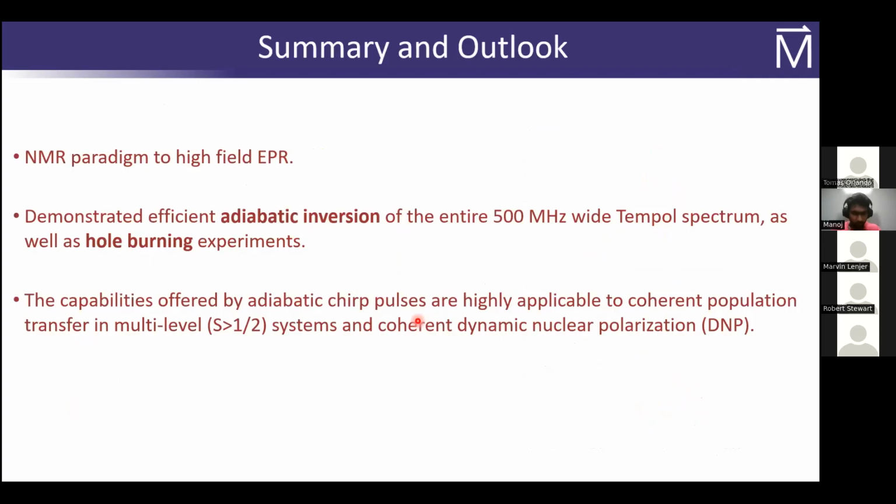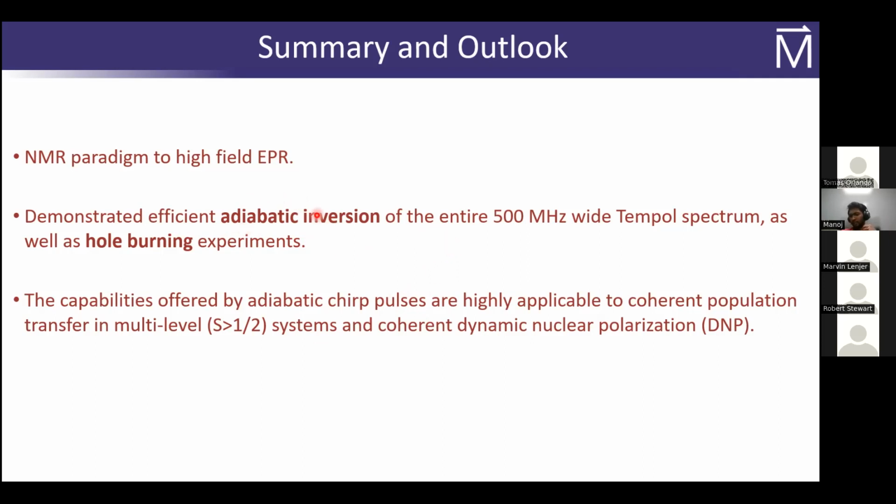So I would like to summarize by saying we have brought the NMR paradigm to high field EPR, and we did some benchmark experiments with this Fourier transform detection on a standard nitroxide radical. With this technique we efficiently demonstrated an adiabatic inversion of the entire spectra, and also measured T1 and T2 across the spectra in a one-shot manner.